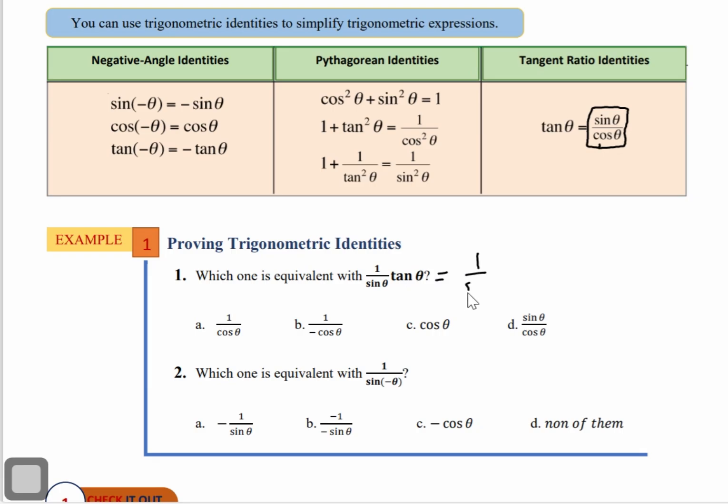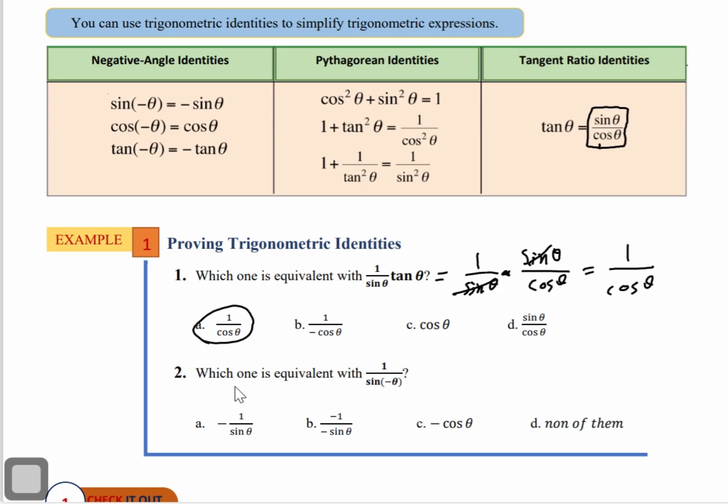So we have 1 over sine theta multiplied by sine over cosine theta. These two sine are cancelled, so we have 1 over cosine theta. So branch A is the true answer.